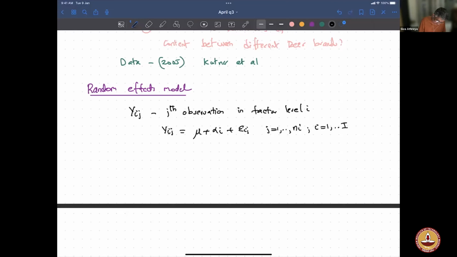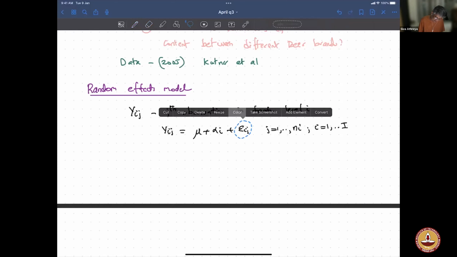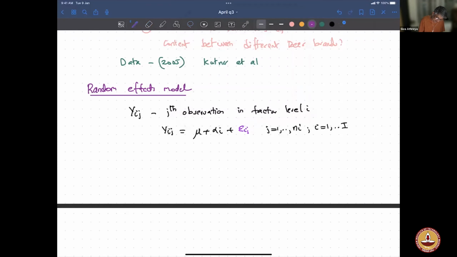And the crucial thing was we assumed that the randomness is only in the error. So the epsilon ij's were normal with mean 0 and variance sigma squared, and they were all independent.